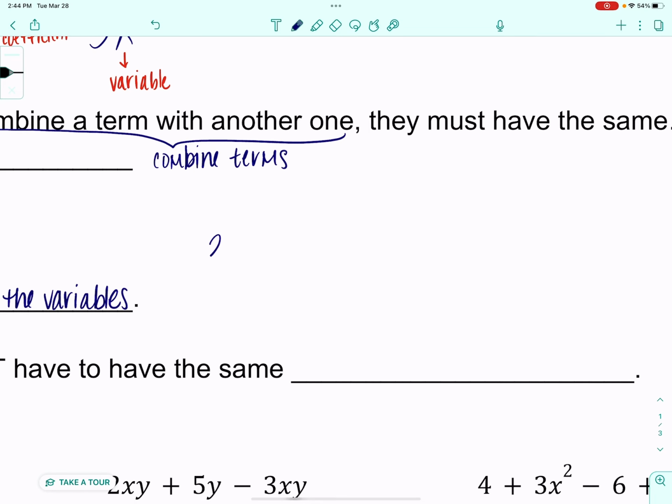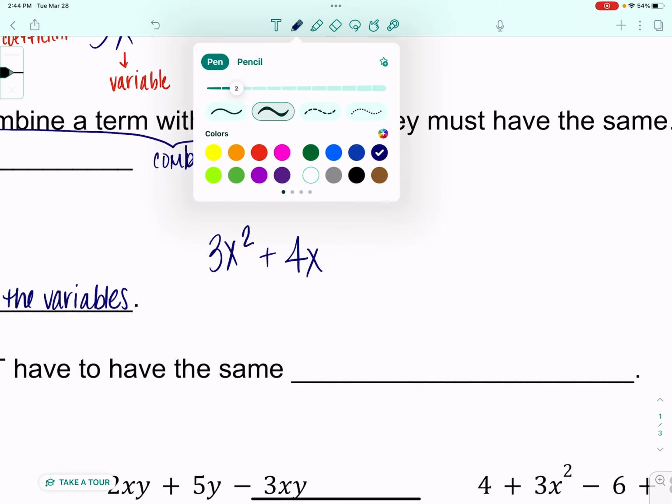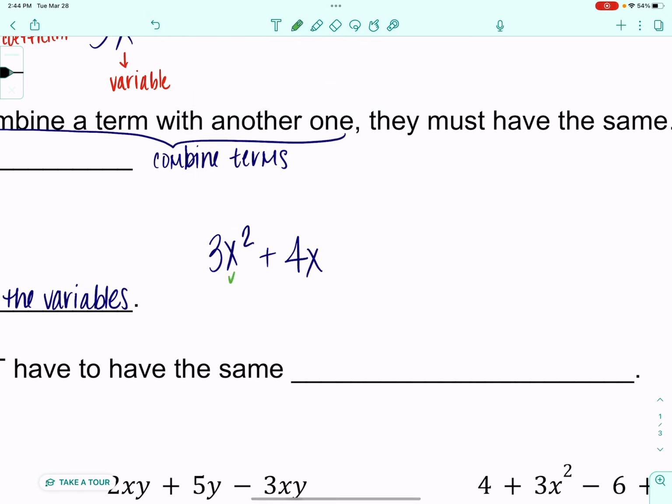For example, if I wanted to add 3x squared plus 4x, my variables match. I have an x and an x, but I don't have a squared on the 4x. It's just a 4x.